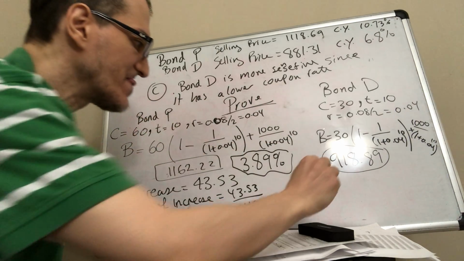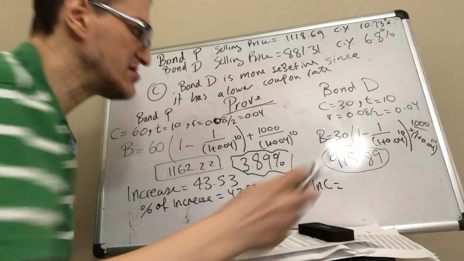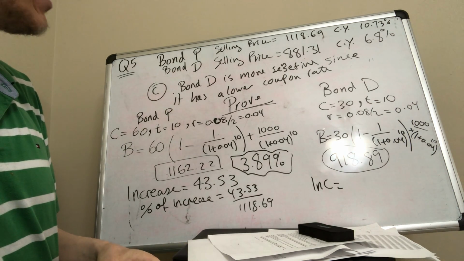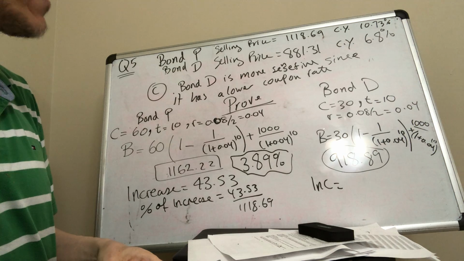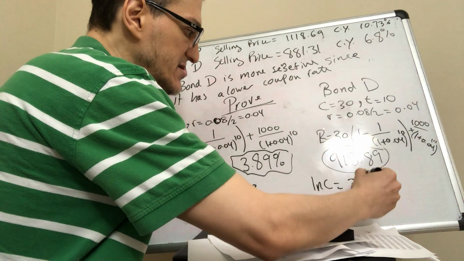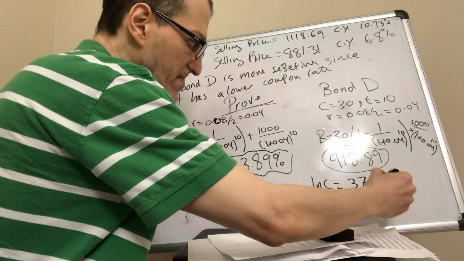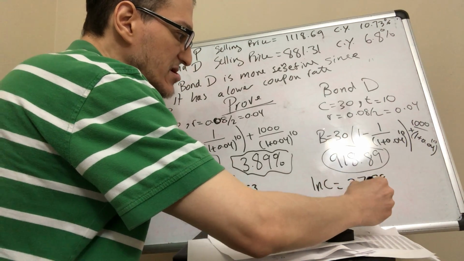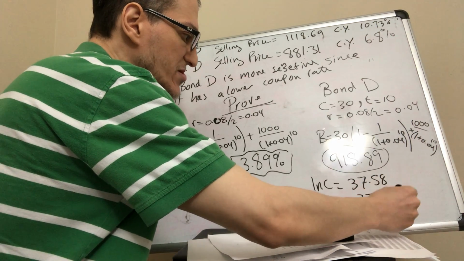This one, let's find the increase. So 918.89 minus the original 881.31, an increase of $37.58. But what's the percentage of increase? 37.58 over original.